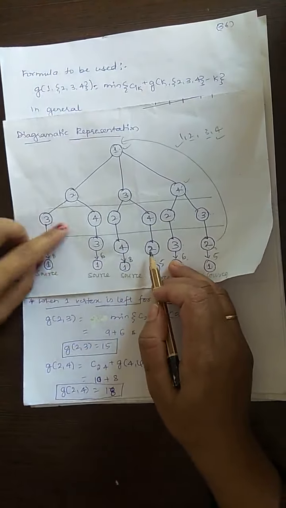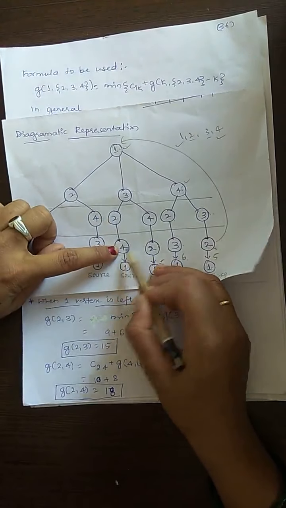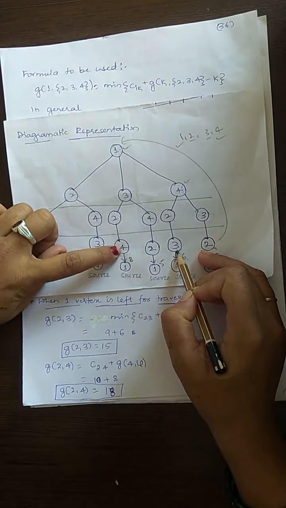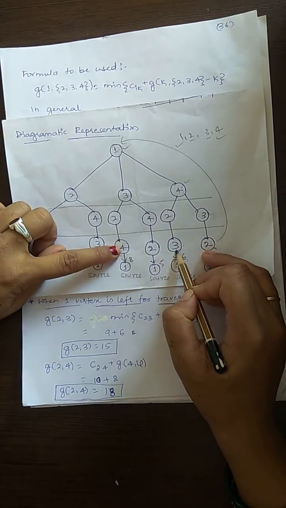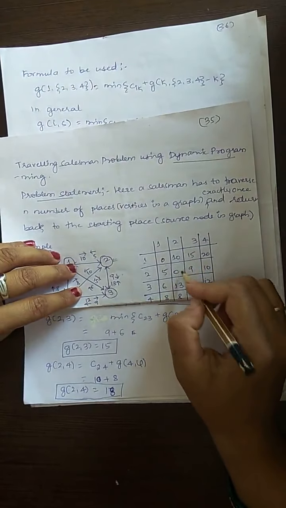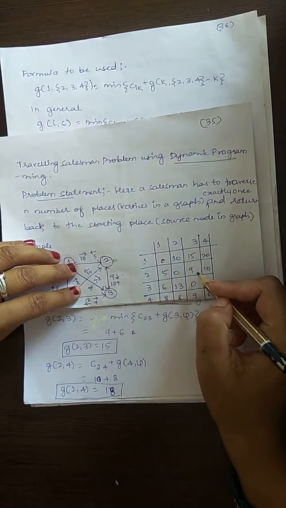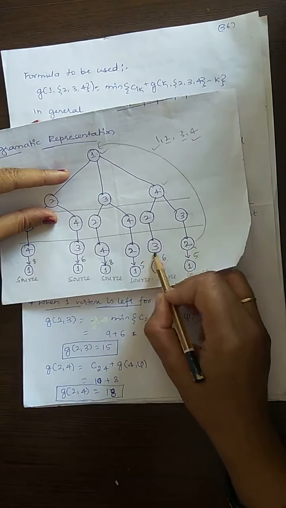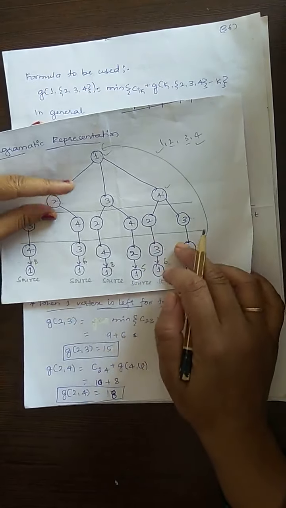If I have reached 2, 4 or 3 is remaining, so we have to find the cost of 2 to 4 and 2 to 3. Now we are not directly taking it from the cost adjacency matrix. Still one vertex is remaining, so what is the cost? We don't know, so we will find it out.